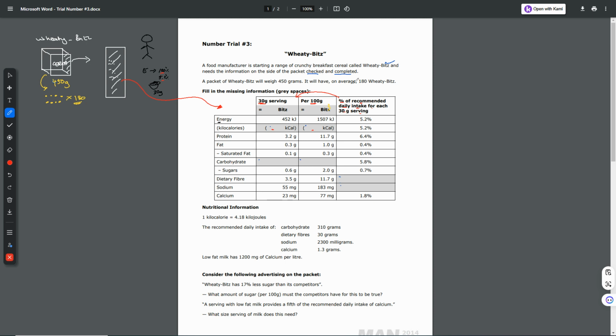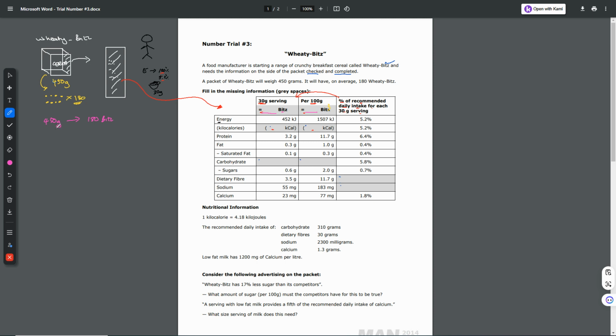So it says it will have on average 180. Oh yeah, and there's also a space here at the top. Let's go to this first space at the top here. Now, where it says equals how many bits, that's what we want to find out. We're saying that 450 grams is 180 bits. Let's write that down. So 450 grams is 180 bits, pieces, right?